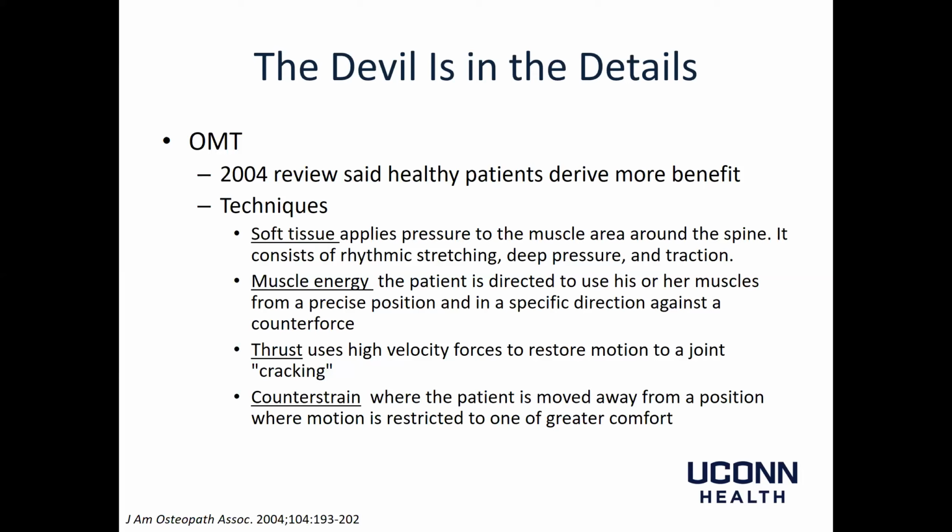There were lots of reasons that this review touched on that might be. But again, OMT is probably most beneficial to your average healthy person who maybe has a long-term running injury or low back pain from positioning at work versus someone who has a significant health burden.